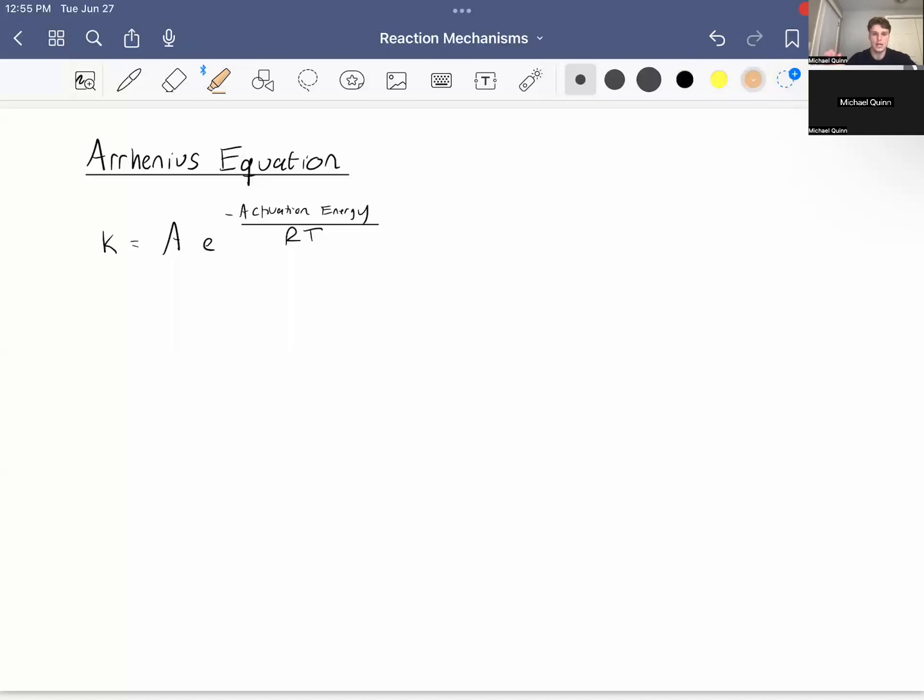So going through each one of these variables, k is simply our rate of reaction. So little k will tell us how fast this reaction will proceed.